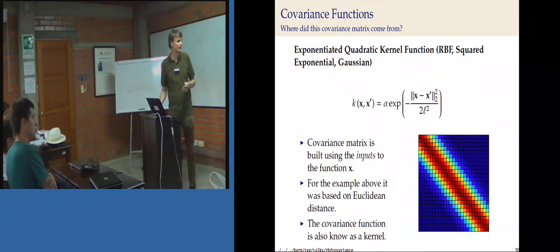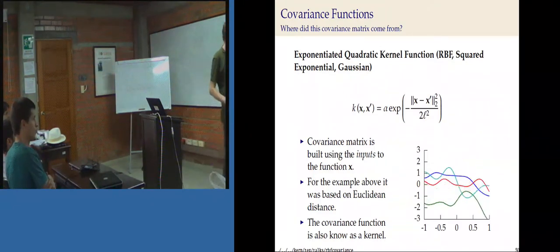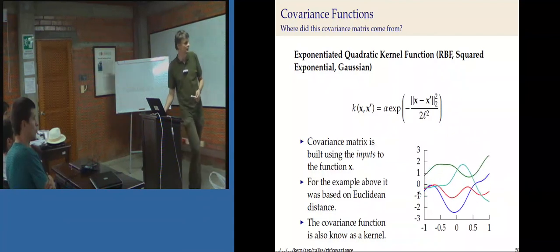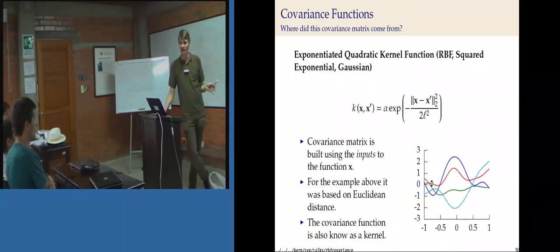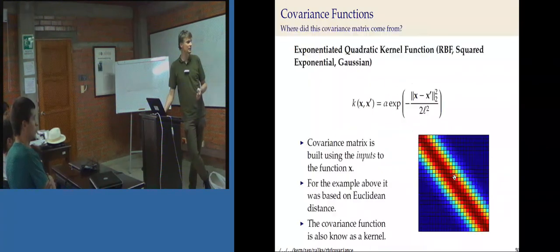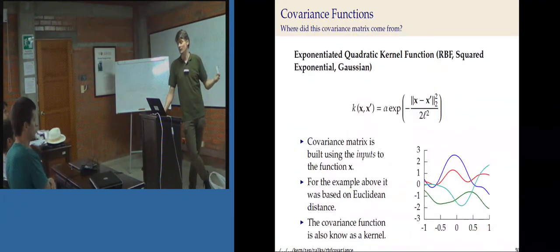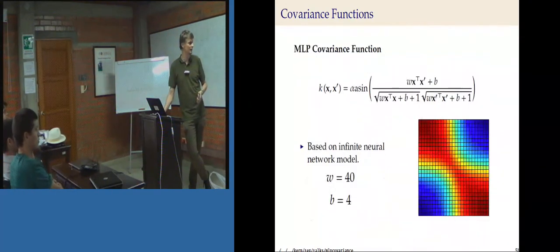But the advantage we gain is that we don't decide a priori where the data is. When we look at this covariance, a priori we think there's variance all the way across the real line. We don't get the problem of thinking there's 0 variance in those regions. That's the advantage of non-parametrics. One way of thinking about it is that every time you look at a new data point, basis functions are automatically generated around it.